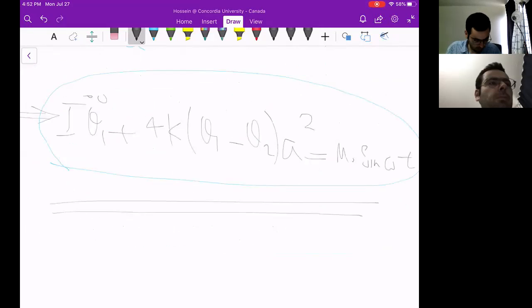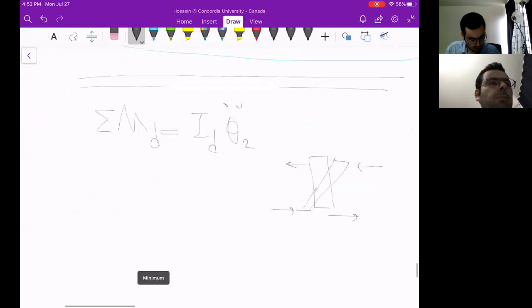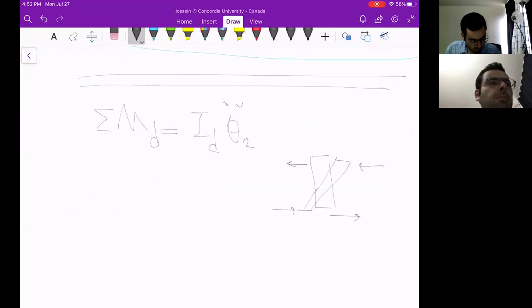The summation of momentum applied to the absorber mass is going to be I d theta double dot 2. If the absorber mass wants to rotate, these springs will oppose the motion, therefore again we have minus 4k (theta 2 minus theta 1).